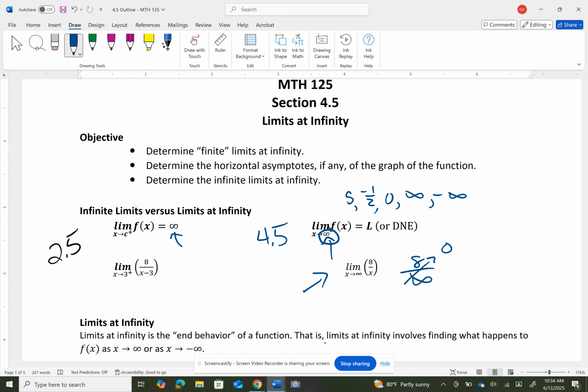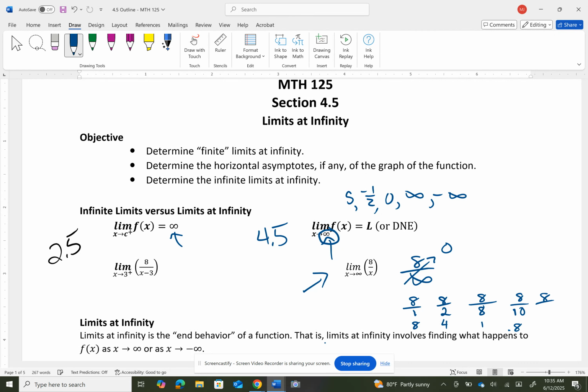Because say you had 8 over 1, that would be 8. 8 over 2, that's smaller, that's 4. Let me get a lot smaller. How about 8 over 8? So here you're 8, here you're 4, here you're 1. If I did, say, 8 over 10, I'm at 0.8.